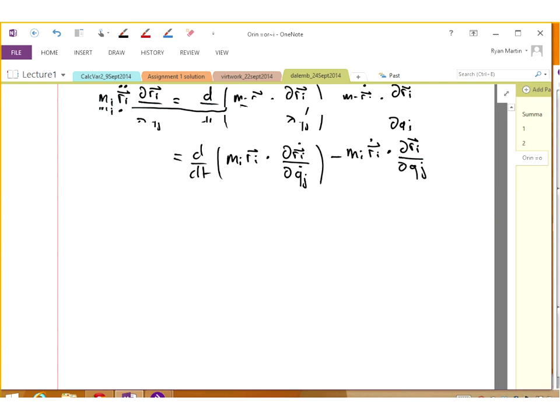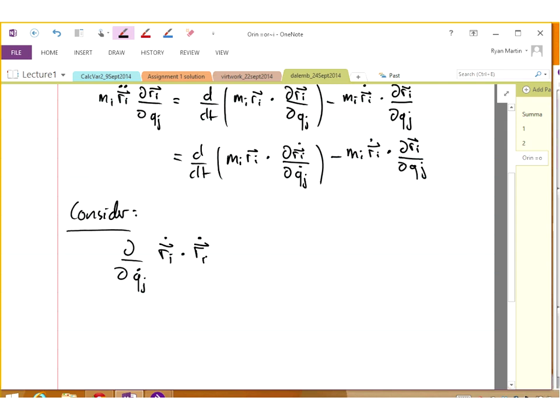All right. I'll consider the following identity. Consider ∂/∂q_j dot of r_i dot dotted with r_i dot. So it's ∂/∂q_j dot of a scalar product of r_i dot with itself.